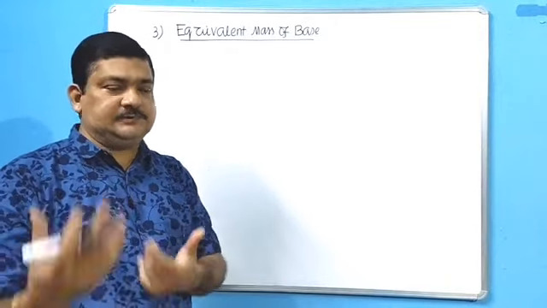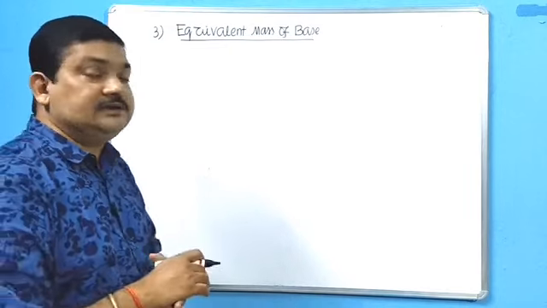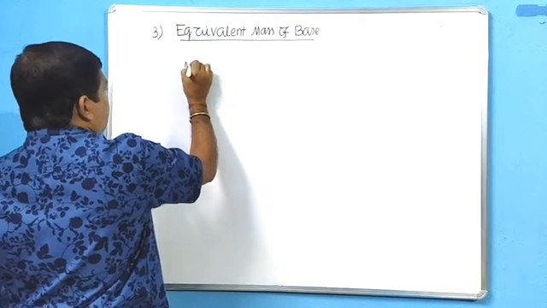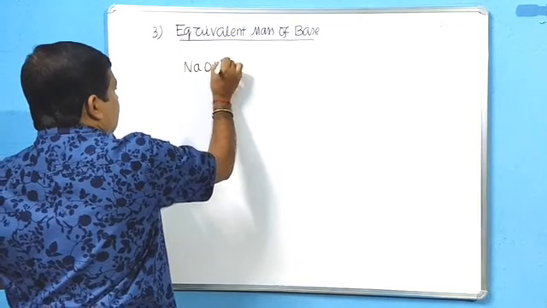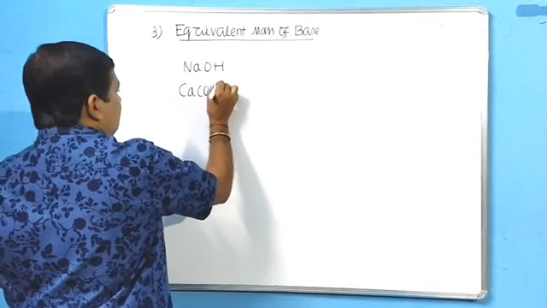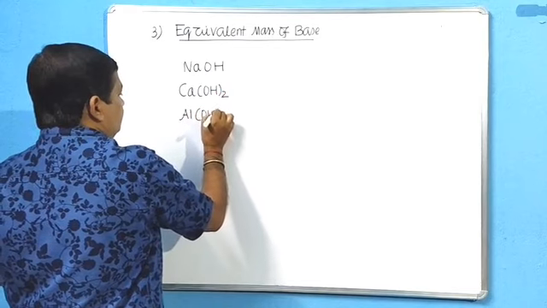We are discussing Arrhenius theory. As per Arrhenius theory, acid is a substance which gives you H plus ion. Similarly, let us see what is a base. I will give you 3 examples: sodium hydroxide, then calcium hydroxide, then aluminium hydroxide.